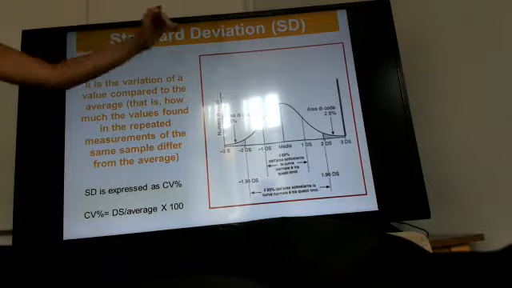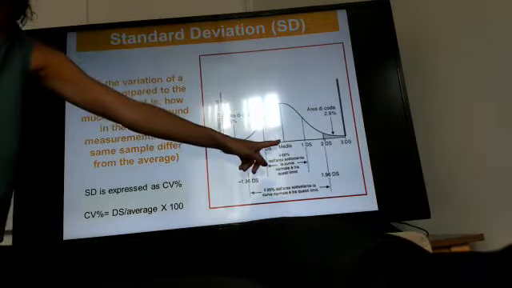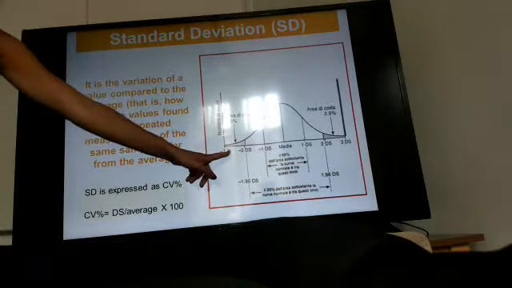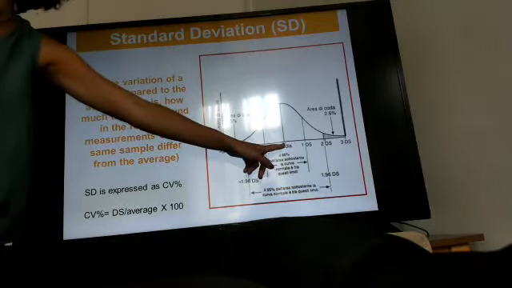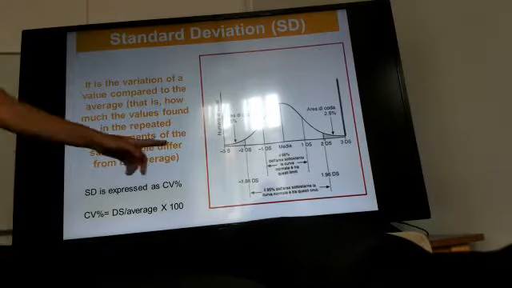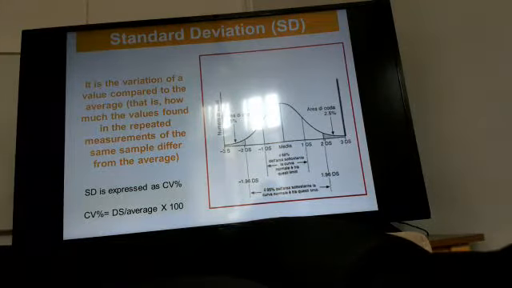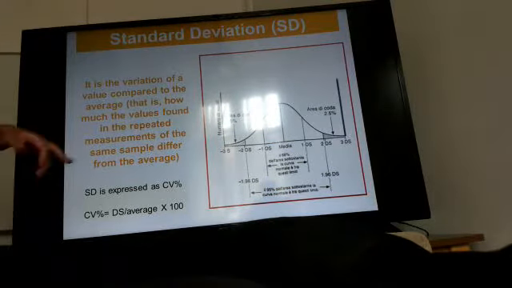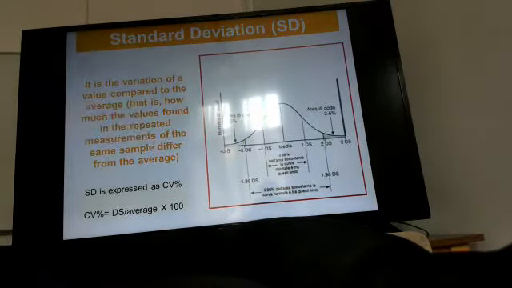And the standard deviation is the distance between the extreme value of the population and the average. This is useful to evaluate the reference value, but it is also useful to evaluate the degree of precision.